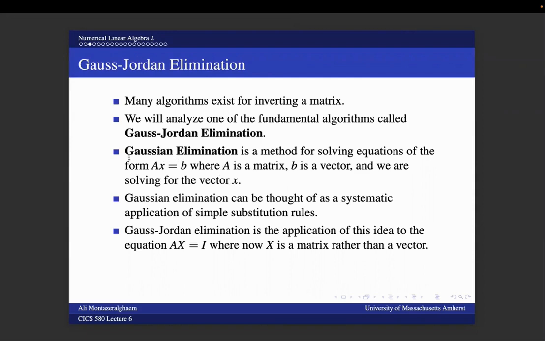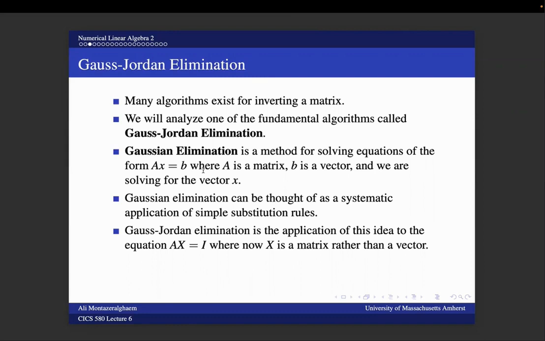So Gaussian elimination can be used for this. The rules in this algorithm can be thought of as a systematic application of simple substitution rules. For example, we need to replace some row for another row in the matrix or something like this.